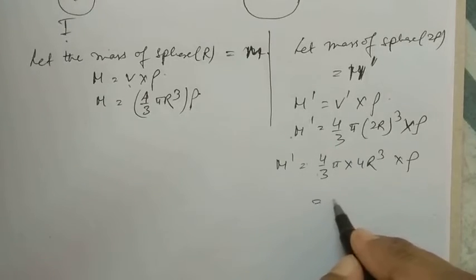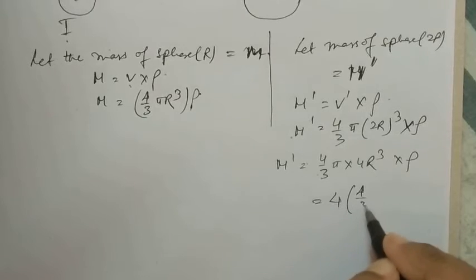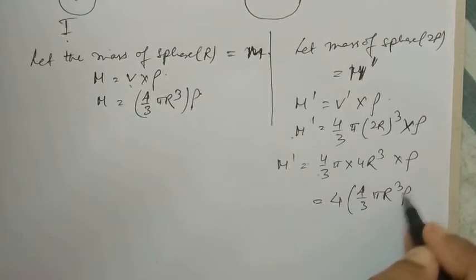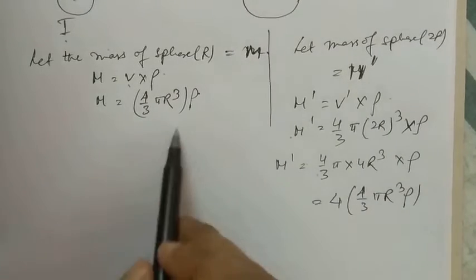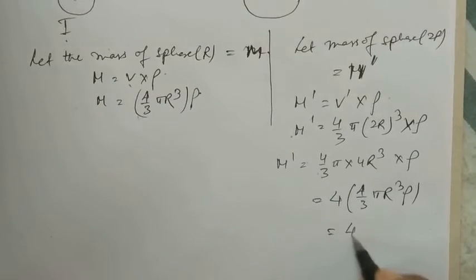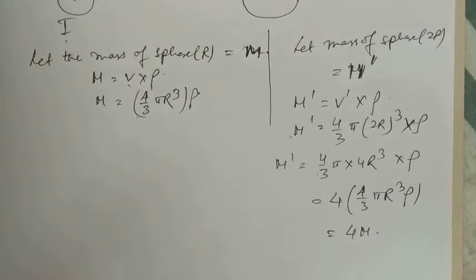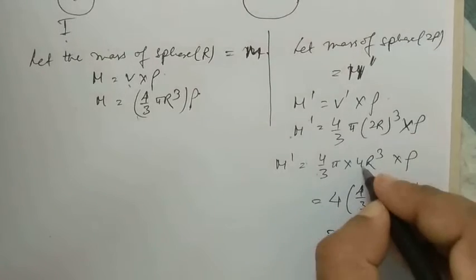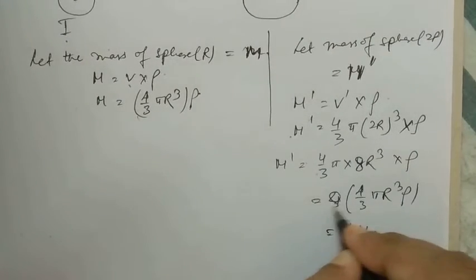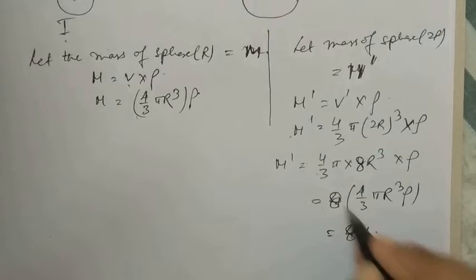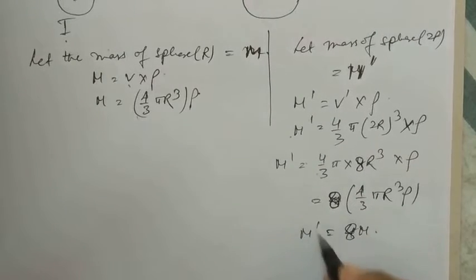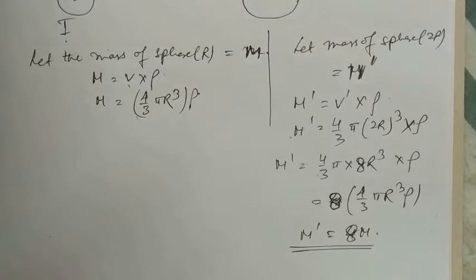Now if we take 4/3 pi r cube rho out, what was 4/3 pi r cube rho? It was m, so it becomes equal to 4m. Now there is a slight mistake, it will be 8. So it comes out 8m. So the relation between m dash and m is m dash is equal to 8m.